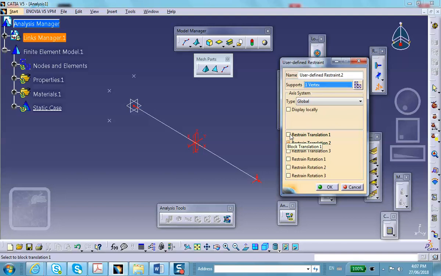Free in direction 1, cannot move in direction 2, free in direction 3. The rule for these rotations is exactly the opposite. So if something is checked here, it must be left blank. If something is not checked up there for translation, it must be checked. Now you may get lucky and you either don't do this or don't pay attention to it, and just because of sheer luck, it may work, but that does not make it right, and points will be deducted.